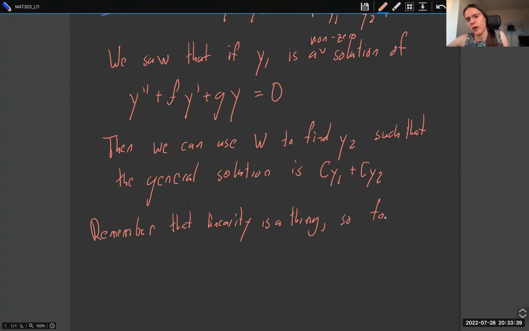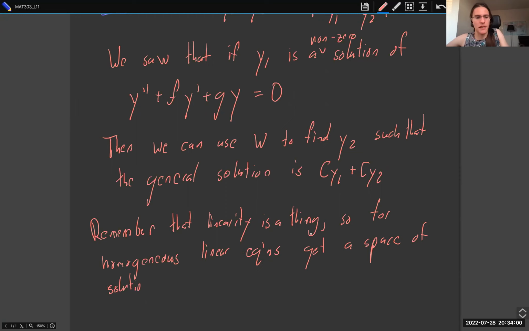For homogeneous linear equations, you get a vector space of solutions.